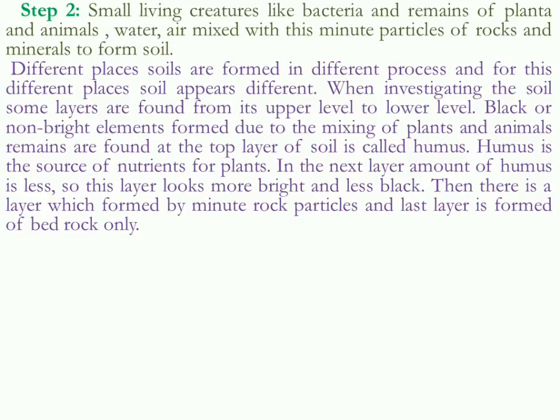As animal and plant bodies decompose, they give organic fertilizer to the soil, and from that, nutrients are contained in the soil for plants, and animals eat those plants, so they are also getting those nutrients.